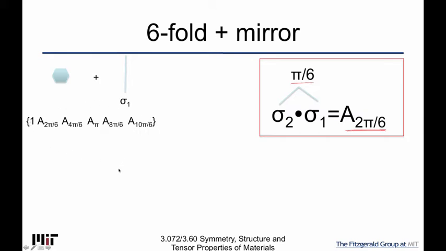And of course, remember that if you just look at the rotation point group, 1, 2, 3, 4, 5, 6, it's rank 6, which matches the six-fold symmetry of the rotation element. So since the hexagonal point group doesn't have any pi over 6 rotation, aha, we are going to get new mirror planes.